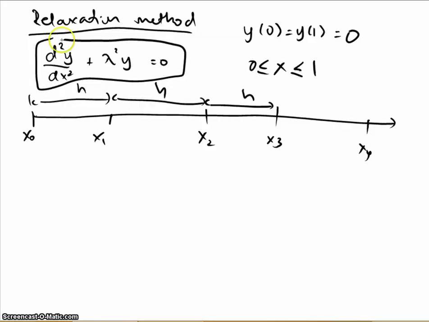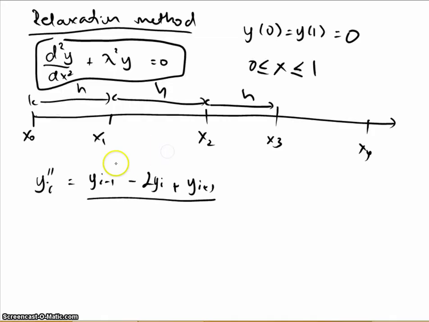So I will refer you to the lecture notes in lecture 15 to find out how you do it, but I can basically write them here as y double prime i is basically given by y(i minus 1) minus 2yi plus y(i plus 1), and that would be divided by h squared. Okay, so this is the second order derivative finite difference approximation obtained using the Taylor series.